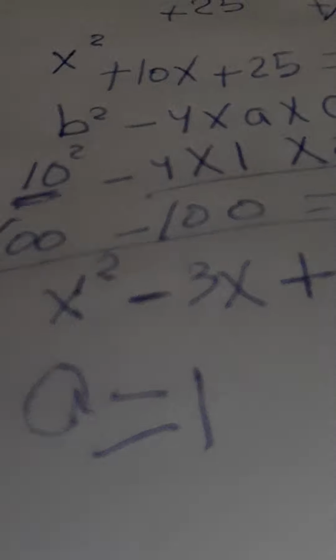You know, in multiplication, when the signs are the same, it will be turned into positive. Okay, yalla. a is 1. b is negative 3. c is 5.